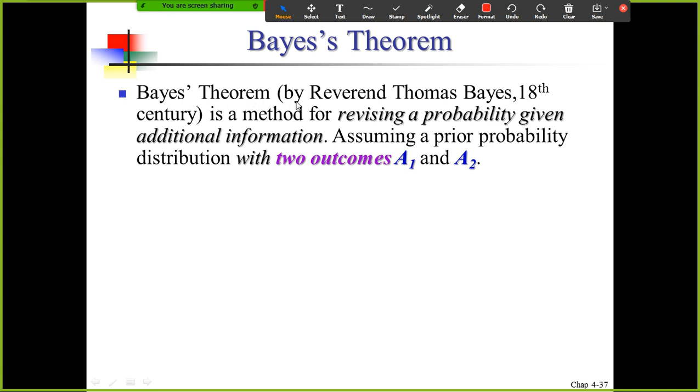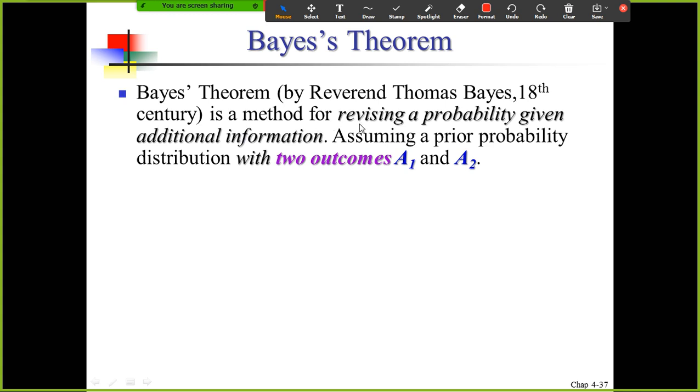Bayes theorem was developed by Thomas Bayes in the 18th century. It is a method for revising a probability given additional information. Revising means re-editing the probability when we have additional information.